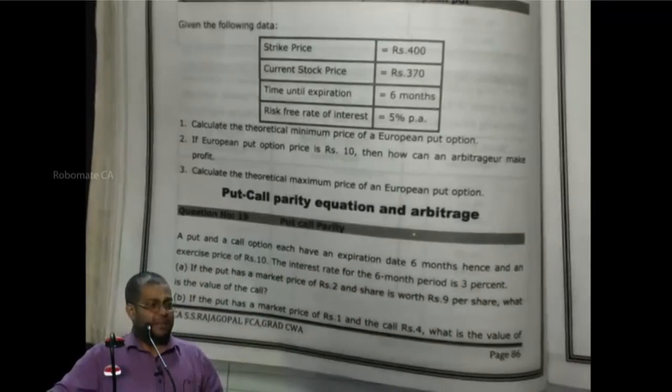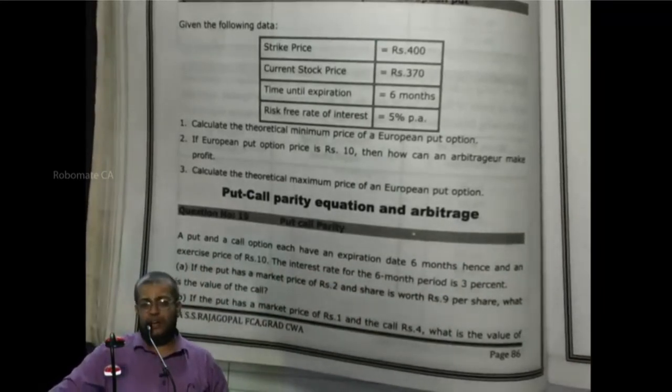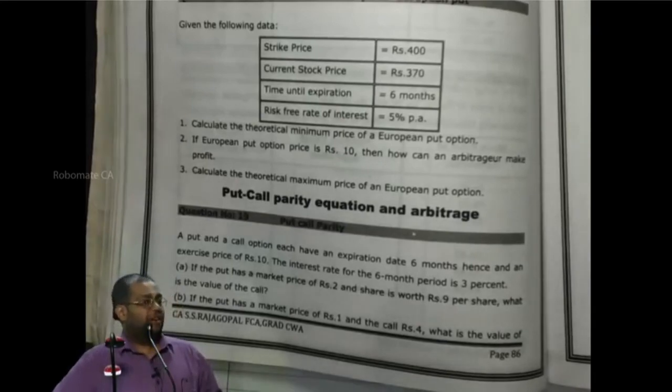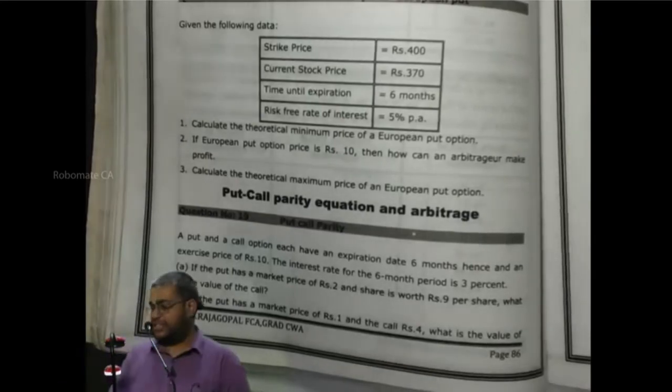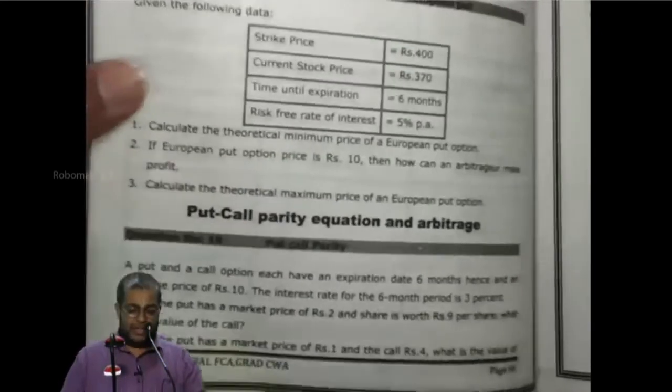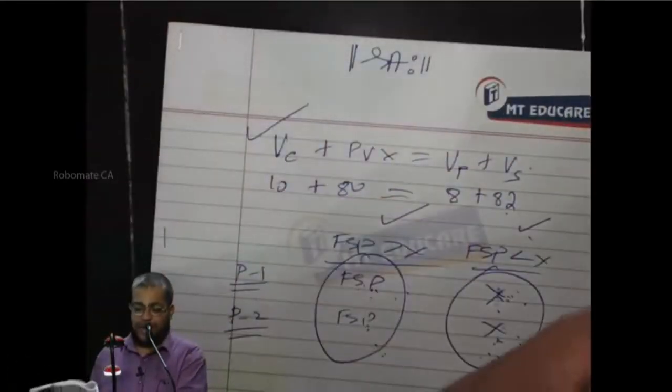Now, the first step is to calculate the present value of strike price and then further develop the answer. Can I proceed? Write down first. Step 1. Calculation of present value of strike price.